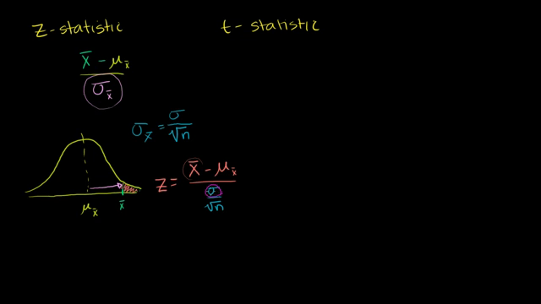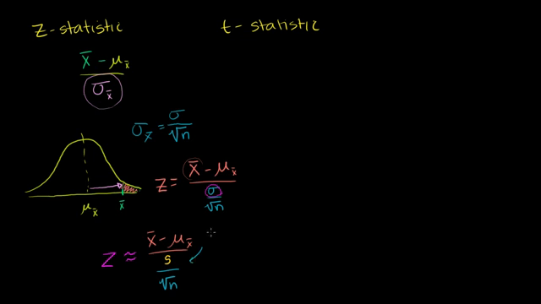So in order to approximate that, we say that the z-statistic is approximately going to be, let me just write the numerator over again, we estimate this using our sample standard deviation.